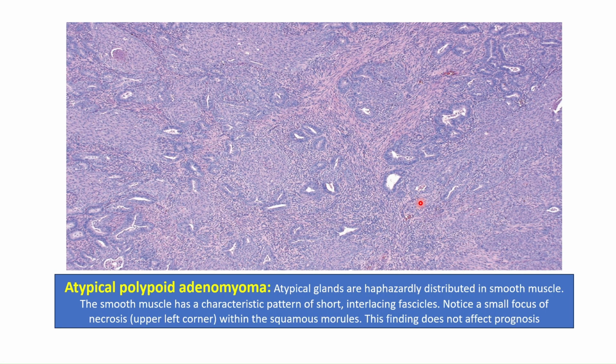This is again a case of APA. Here, haphazardly arranged glands. Some areas show back-to-back arrangement, and these are the short interlacing fascicles of smooth muscle cells. And here there is squamous metaplasia, and centrally there is necrosis. So this is a squamous morule containing central necrosis.